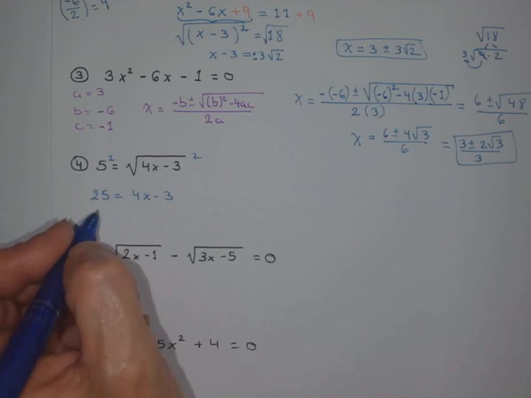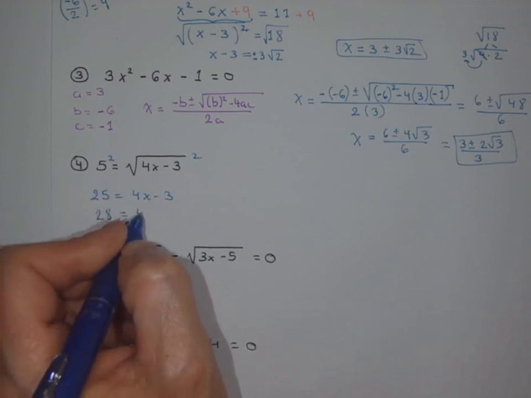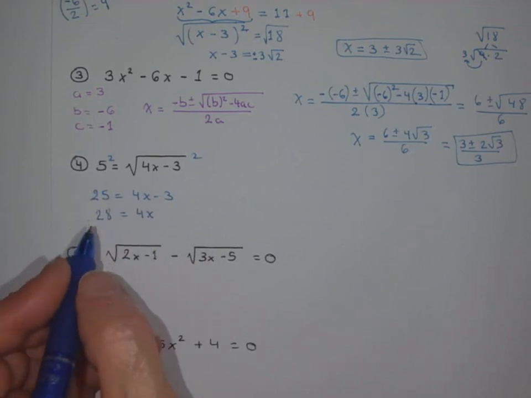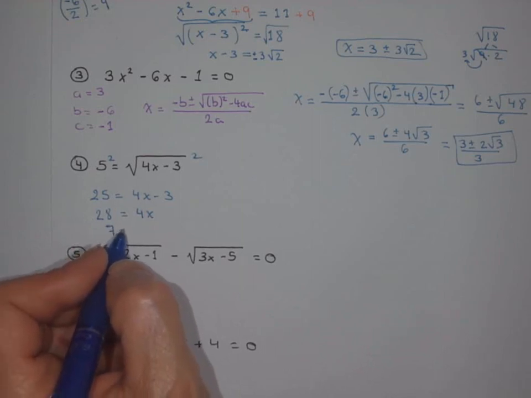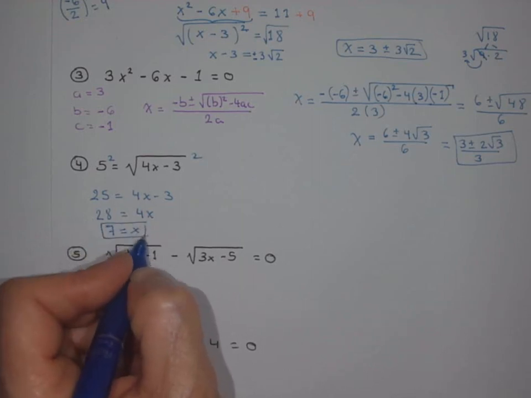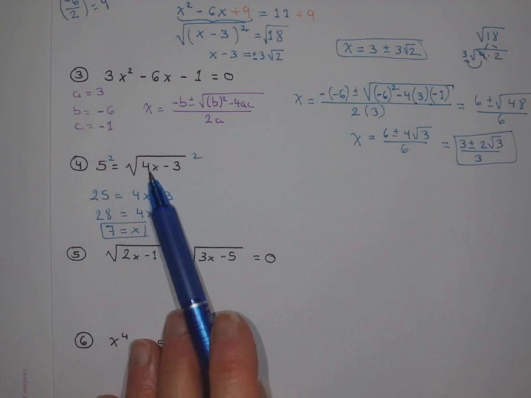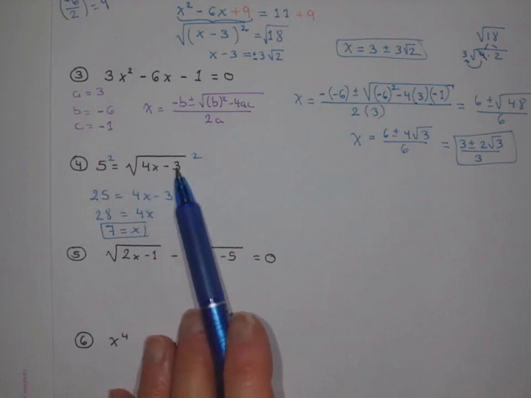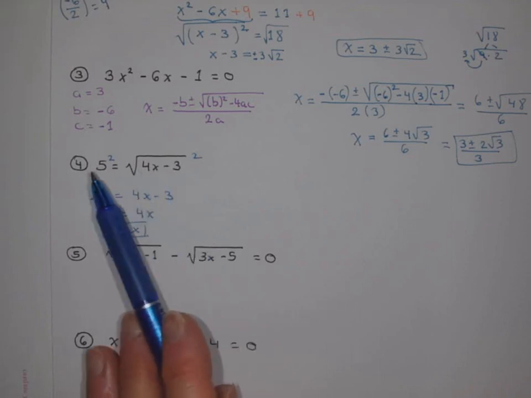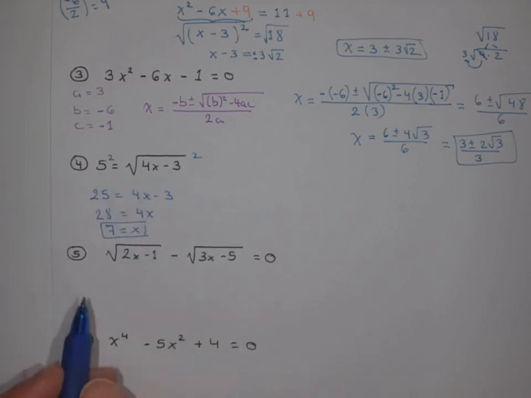So add 3 to both sides will give us 28 equals 4x. Divide by 4 on both sides, that will give us a 7. So x equals 7. And if you're checking that, 4 times 7 is 28. 28 minus 3 is 25. And the square root of 25 is definitely 5. So that will be correct.